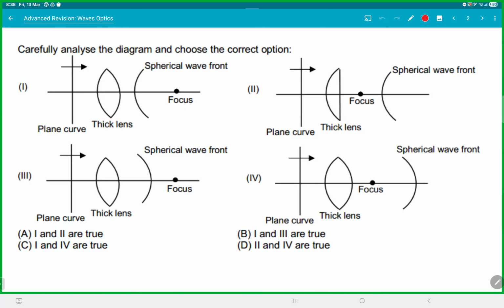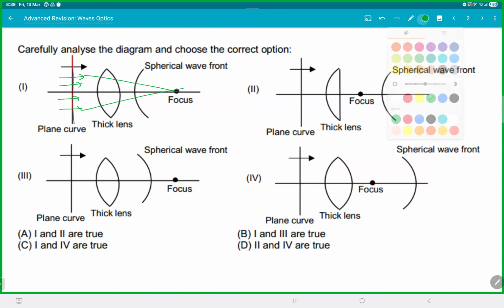For example, look at this. If you're sending a plane wave, that means the light rays are coming parallel. If you send parallel light rays, they will meet at the focus. So if the light rays are meeting at the focus, how should this wavefront look? It should look like this. This is right. What about this one?